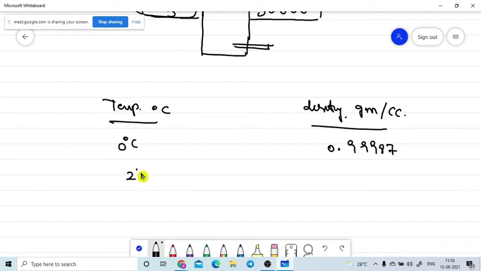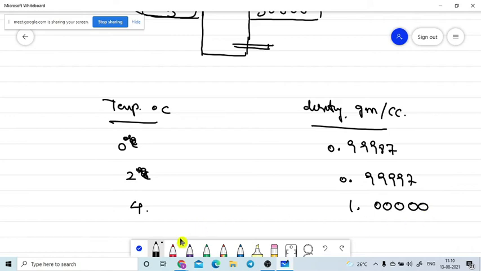At 2 degrees Celsius, the value is 0.993497 gram per cc. At 4 degrees Celsius, he observed 1 gram per cc.